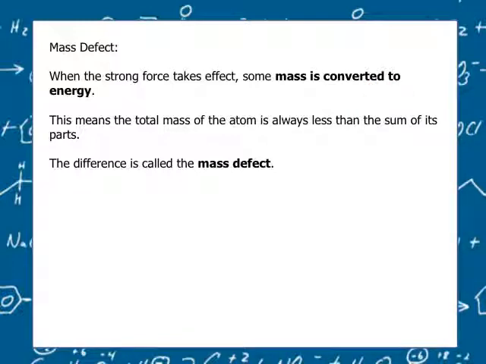This is why the total mass of the isotope, or the atom, is always less than the sum of all the parts that went into it. The difference between these two things is referred to as the mass defect. It's one of the things that we calculate first in order to end up with a unit of energy for how tightly the nucleus is being held together.